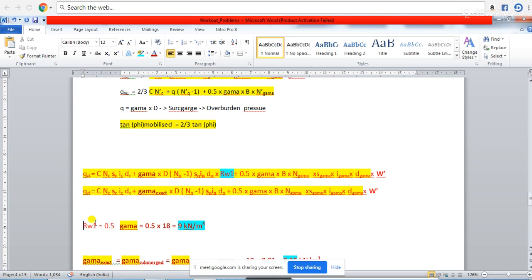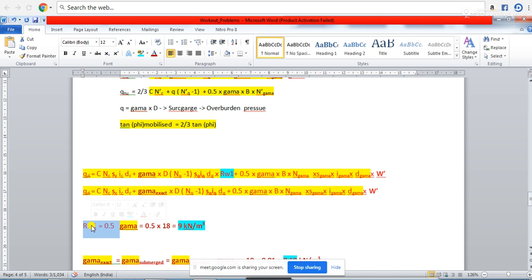See, when the water table is reaching the ground level, at that point what will be the value of your gamma, if you are using the rw1 factor?